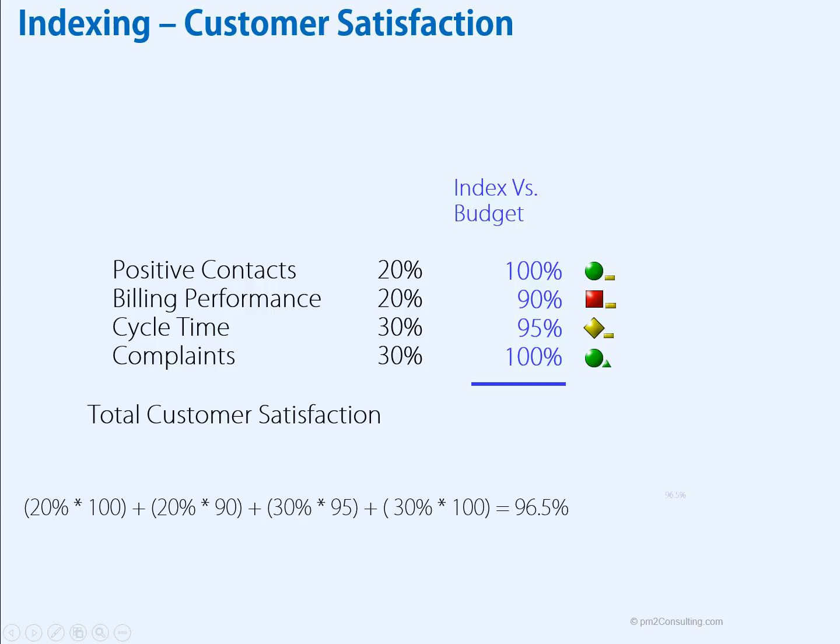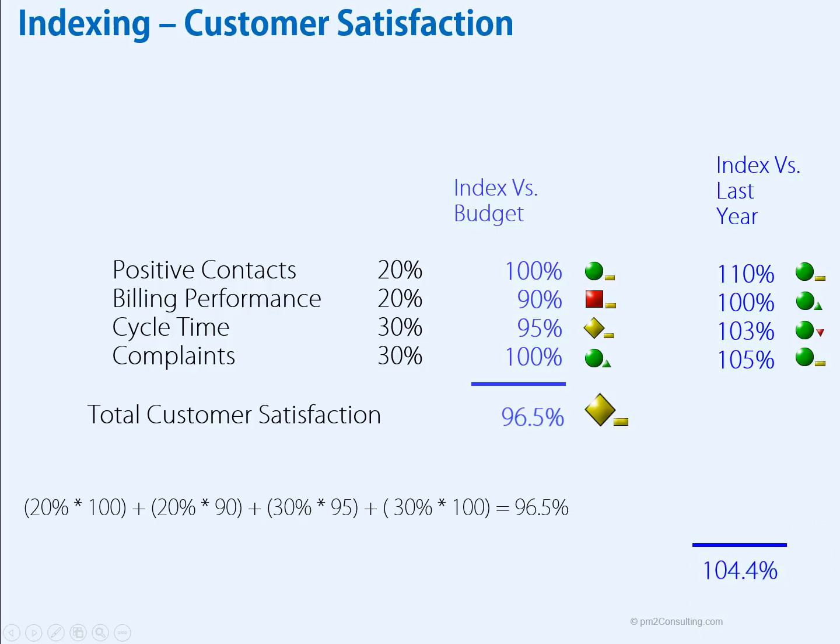And that gives me a 96.5% performance against target. Now, if I looked at a different comparator, say last year, maybe I'm performing better than last year on all counts, and when I do the mathematics, I end up with 104%. So this allows us to weight these performances to get the overall performance number.